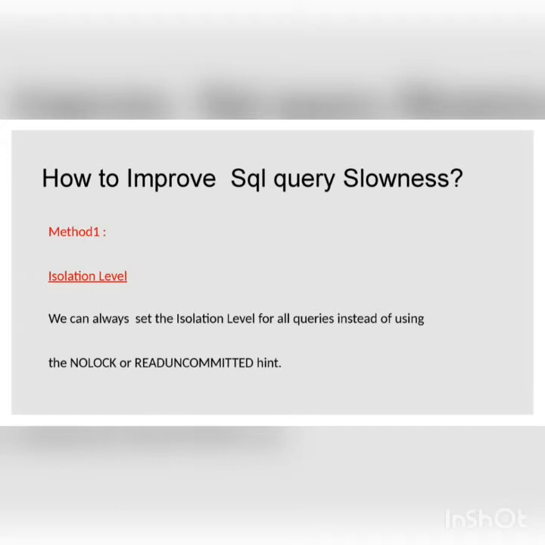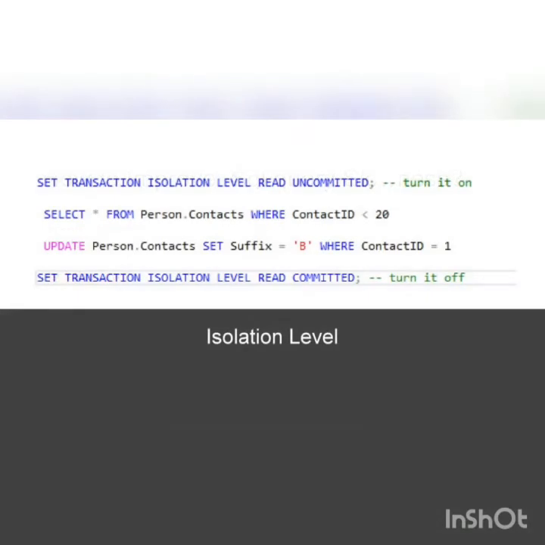Whenever people write a query, they write select star from employee table with NOLOCK. If you are using NOLOCK, only uncommitted values will be returned. So instead of NOLOCK or ROWLOCK, you can use transaction isolation level read uncommitted.